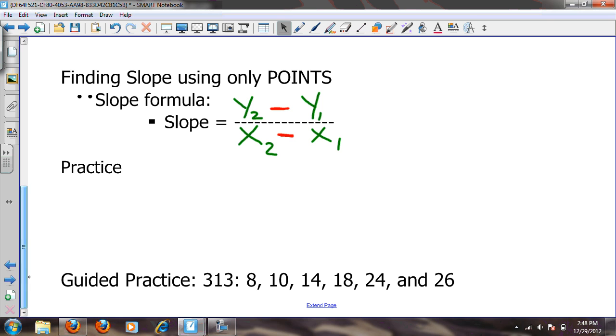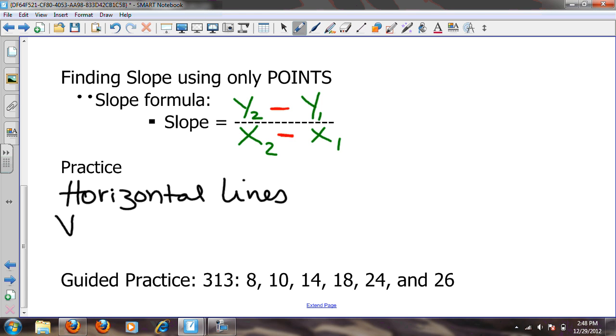I want us to look at one more thing, and that is horizontal lines and vertical lines. If you look at page 311 in your textbook, it talks about that.